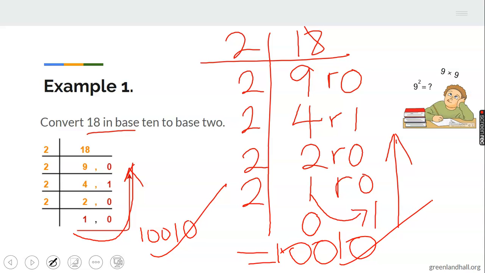Easy peasy. What did we do? You continually divide with 2. It's so simple. I know you're going to get it right. So we started with 2. 2 in 18 gave us 9. There is no remainder, so I put down 0.